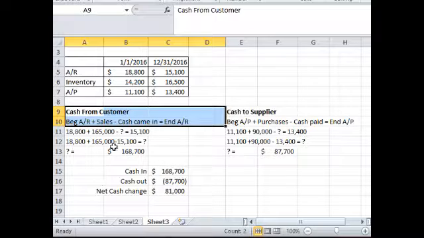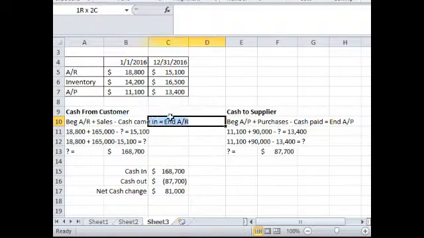And then this year I made more sales. If my customer gave me cash, and I take that out from the total AR plus my total sales of this year, then I should have an ending AR, right? So this is a good true formula.